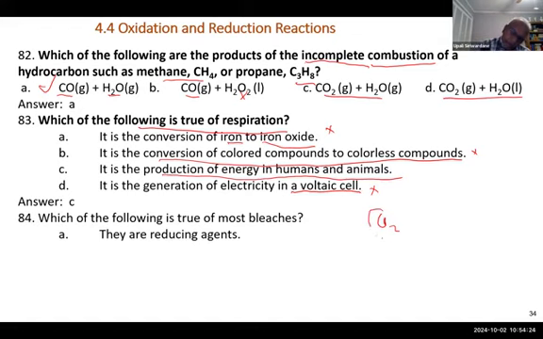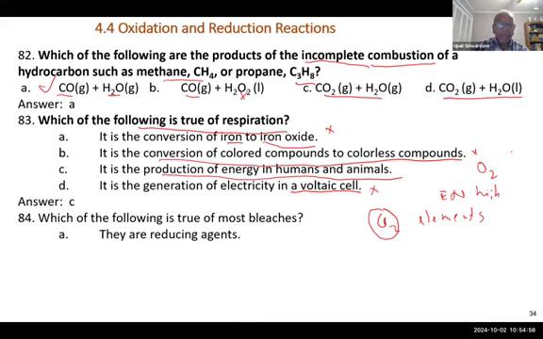These are highly electronegative elements. Oxygen is also highly electronegative. Therefore, oxidation is combustion involving oxygen. Chlorine is also used as an oxidizing agent.